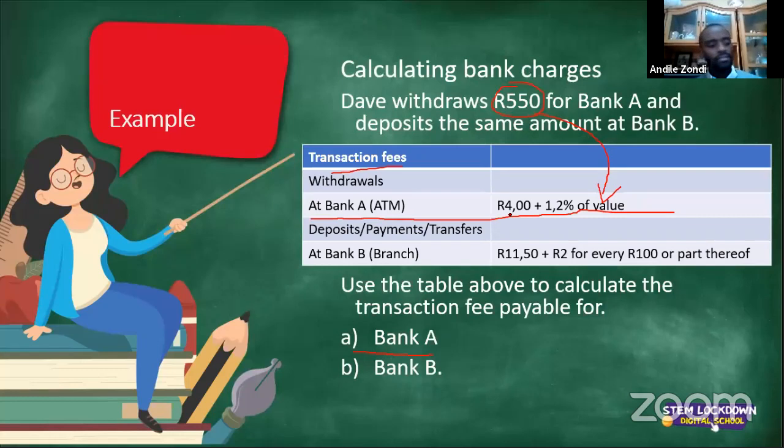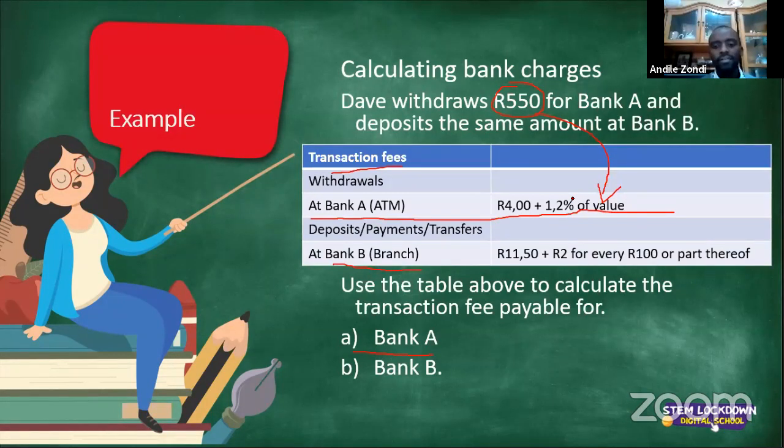Now let's look at how much money he'll pay for deposits. He's depositing this amount of money at bank B. A charge is usually paid month end.